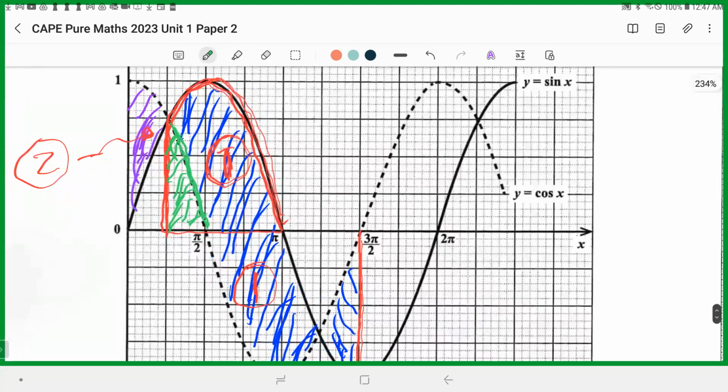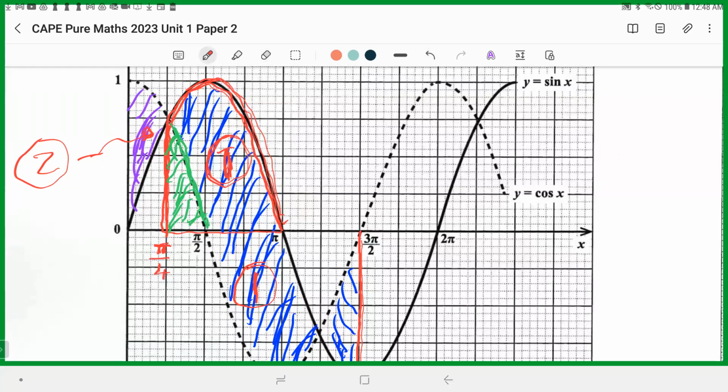This is pi by 2, and this is 0. All right, so it's actually from pi by 4. Right here is pi by 4. I'm just figuring it out first before we do it.